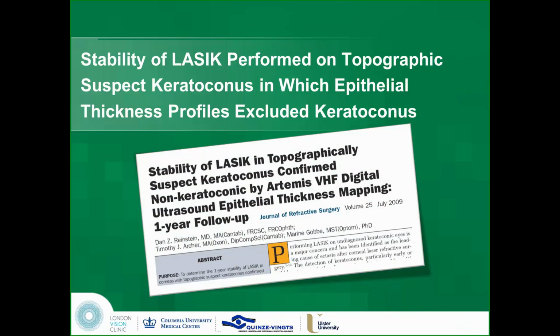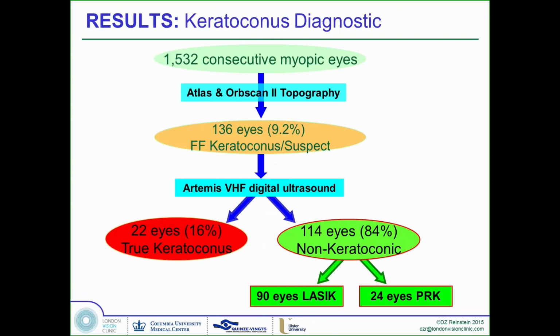So this theory of using epithelial thickness profiles was tested, and we performed a study in which we had screened 1,500 consecutive myopic eyes by Atlas and Orbscan 2 tomography. Of these 1,500 eyes, 9% of them were found to be suspicious, and that's about the rate that we were getting in the late 90s, early 2000s when we were screening with these devices.